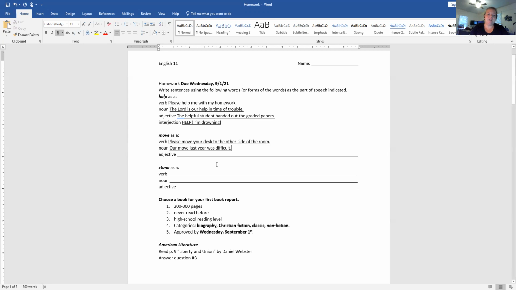All right. And then what about move as an adjective? There's different ways you could do this. A lot of times we turn a verb into an adjective when we use it as an adjective clause, or an adjective phrase. We could say, the boulder moved by the earthquake crushed three houses on its way down.